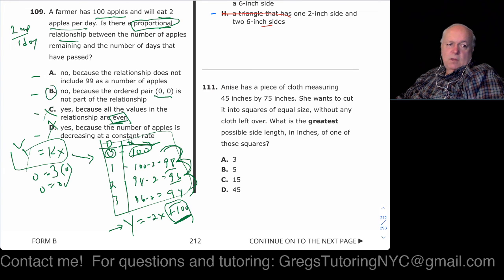But what's going on with A? It says no, because the relationship does not include 99. So this is almost similar to them saying even. If we were to graph it, the 99 would be stuck in there, right? Because if we were to graph it, it's starting at 100 and it's going downward.